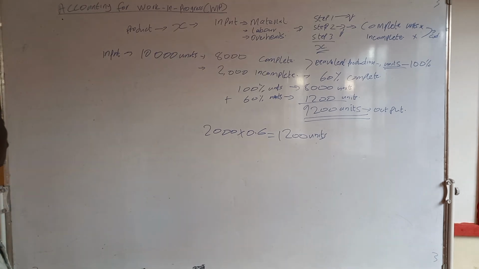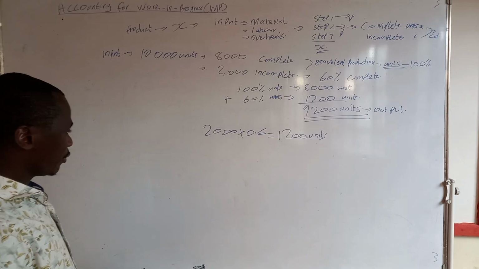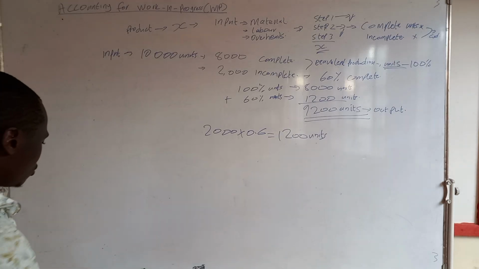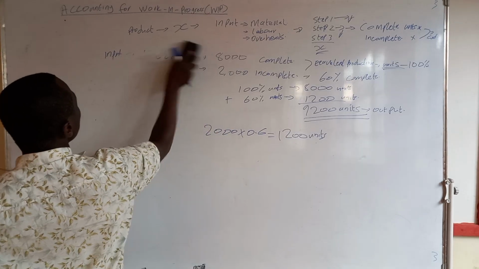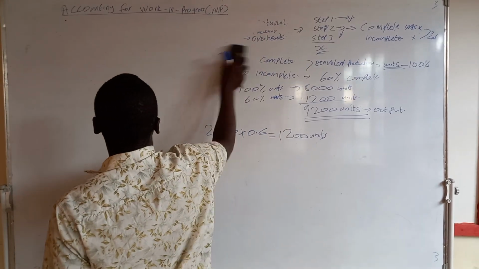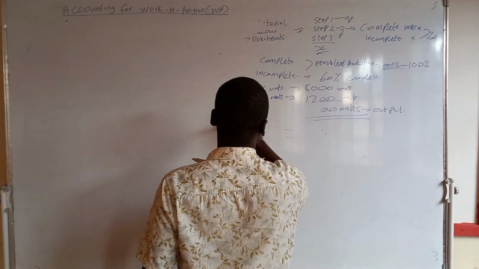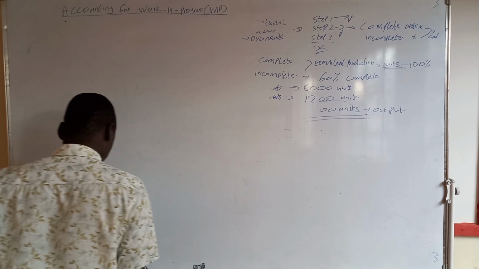Now, this accounting for work in progress is always done using two methods. So, the methods for accounting for work in progress: two methods.